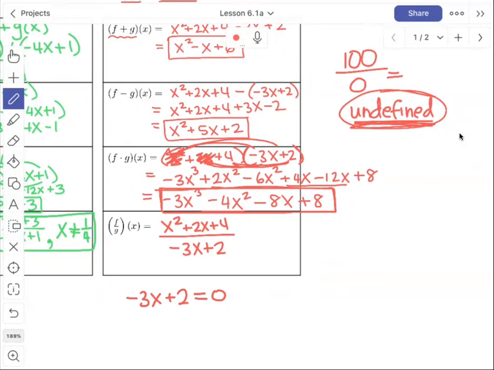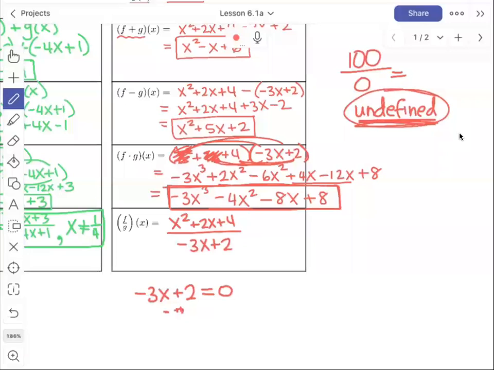So let's solve for x here. So we subtract the 2 over, oh, sorry, my iPad's lagging a little bit. Subtract the 2 over, divide by negative 3, and I get x is equal to 2/3. So when x is equal to 2/3, that means the denominator, when I plug in 2/3, would equal 0. And that means the whole fraction goes undefined.